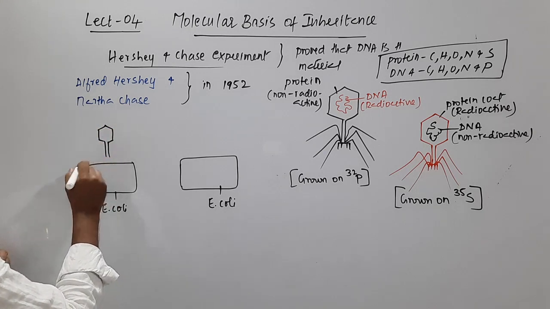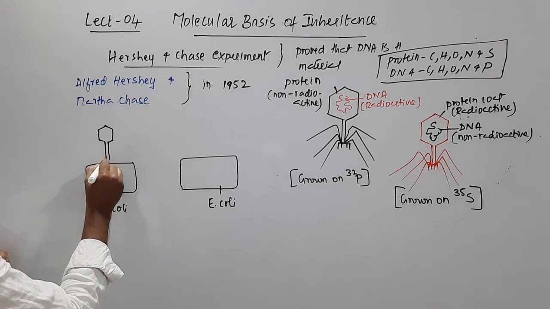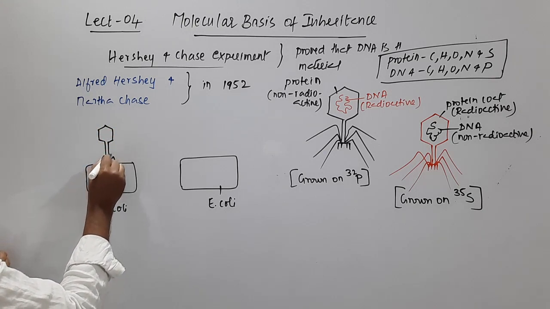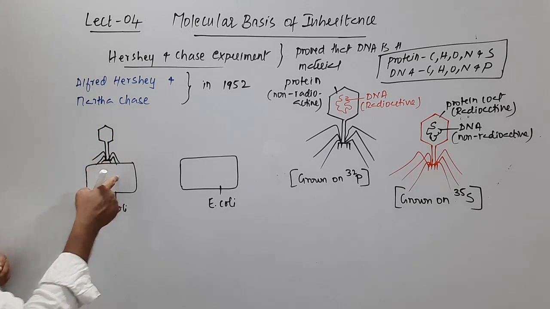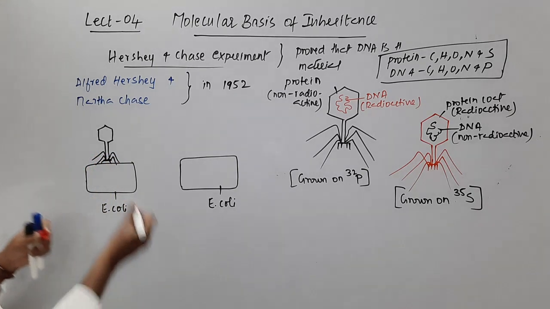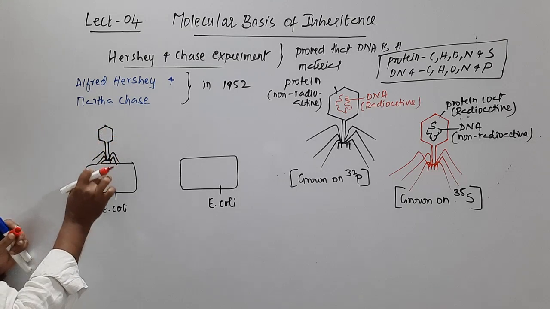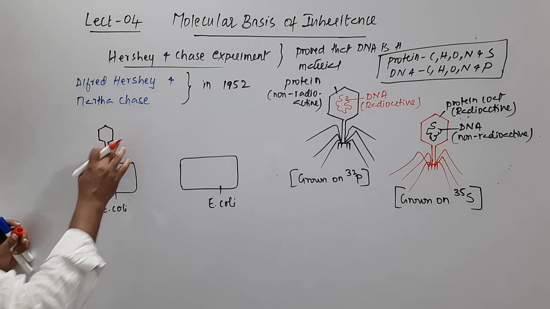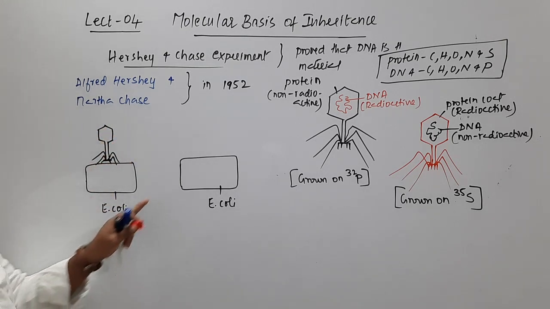The bacteriophages are going to attach to the E. coli, and they are going to inject the nucleic acid into it, whereas the protein coat will never enter into the host cell.